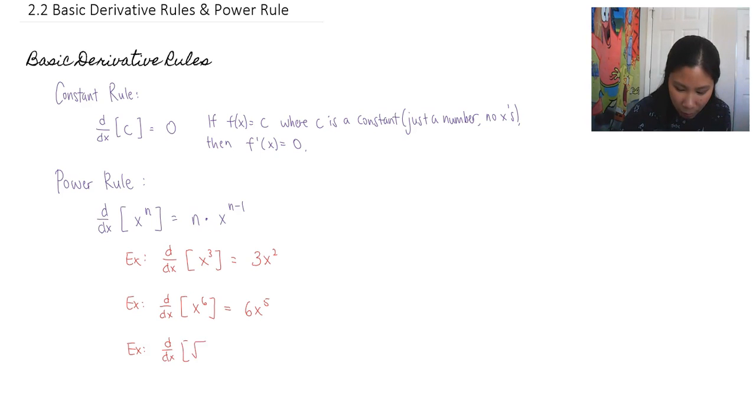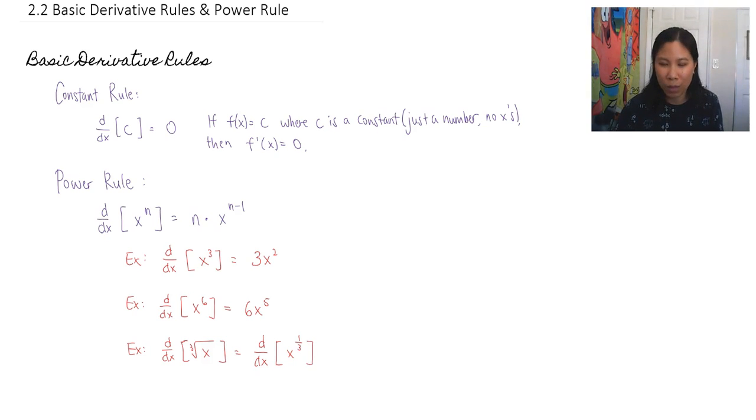Okay, so here's where we can start doing some crazier things. Let's say we're trying to find the derivative of the cube root of x. We don't have exponents here, but we can rewrite it using an exponent of 1/3. Remember, an exponent that's a fraction is really just a radical.